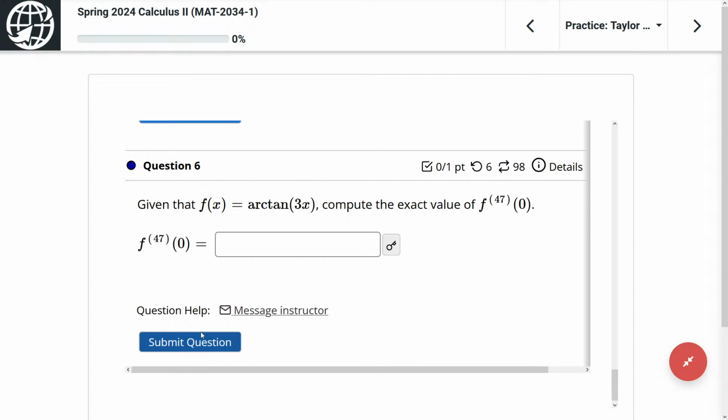I'm going to use the power series representation for arctan, which is negative 1 to the n times 5x to the 2n plus 1 over 2n plus 1. So that's the power series representation for this.